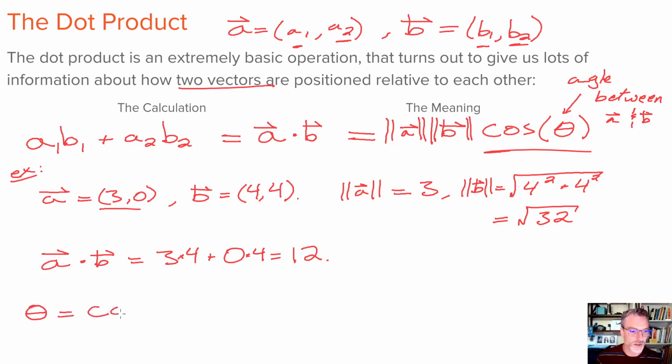So I would divide both sides by the lengths of A and B and take the inverse cosine. So it would be A dot B over the length of A times the length of B, like this.